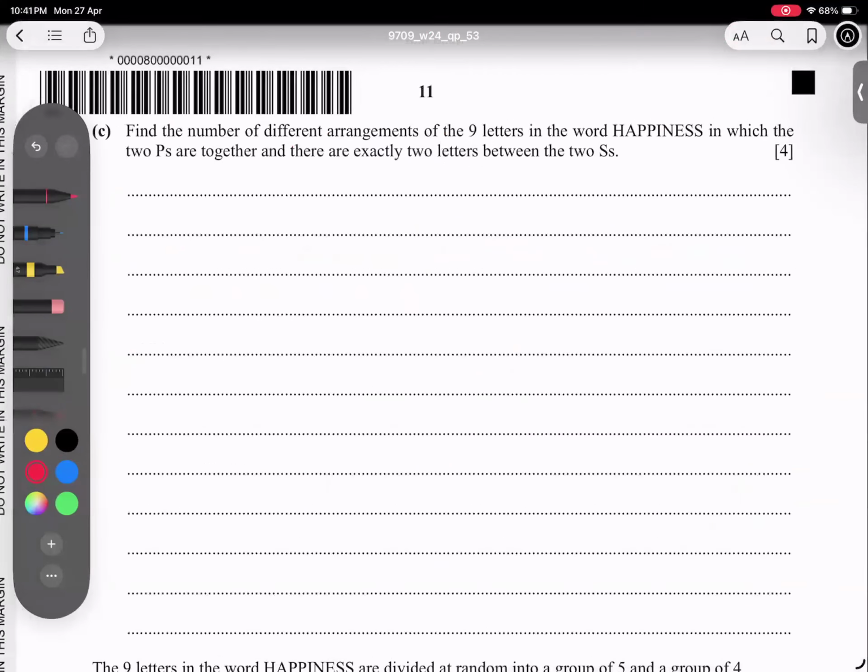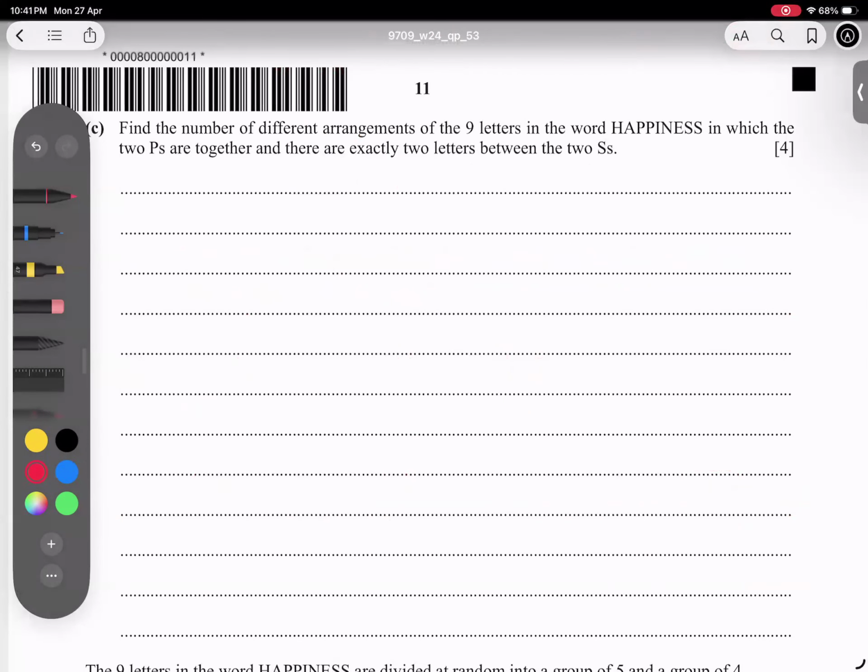So part C: find the number of different arrangements of the 9 letters of the word HAPPINESS in which the 2 P's are together and there are exactly 2 letters between the 2 S's. Okay, so he repeats: 2 P's are together and the 2 S's have exactly 2 letters in the middle. Students, this possibility problem needs 2 plannings.